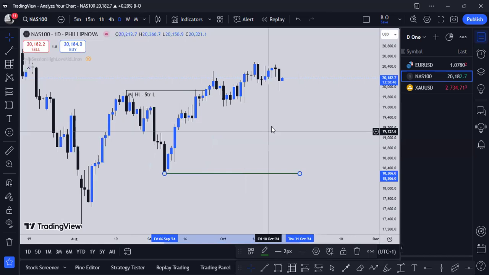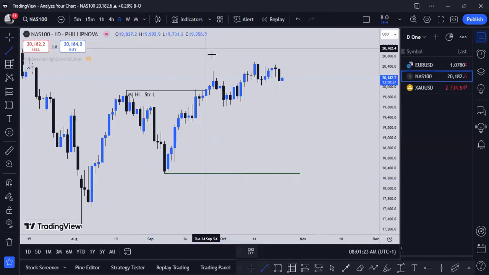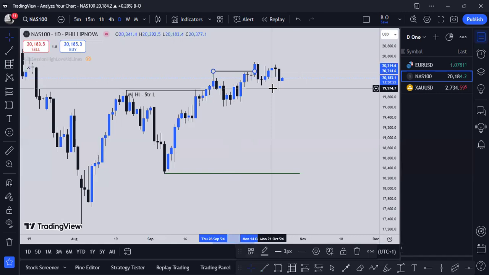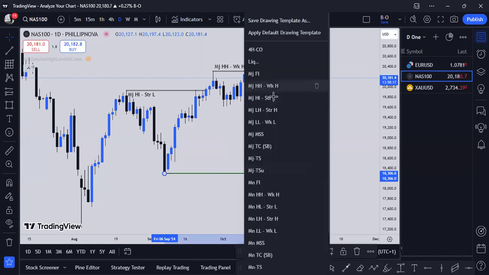Sorry, these are strong high again. I mean weak high that we are expecting market to, weak high, and it has already been taken. So strong low.